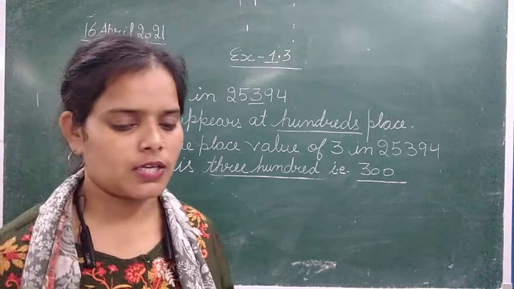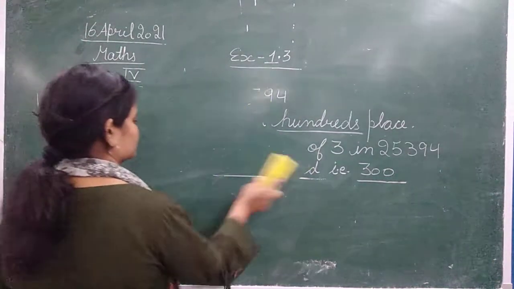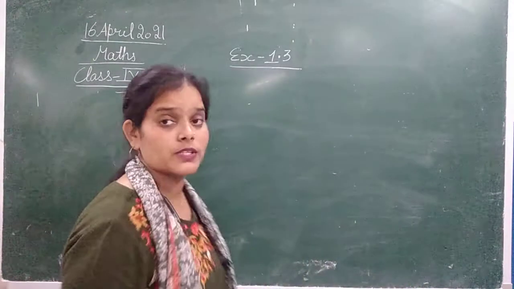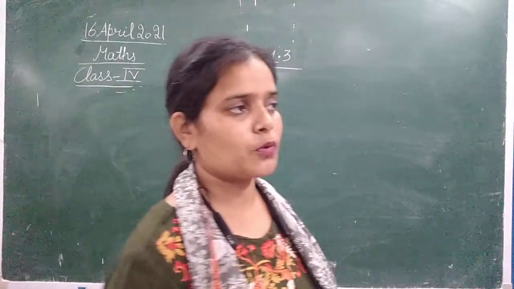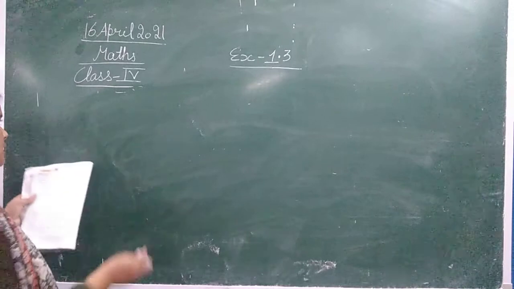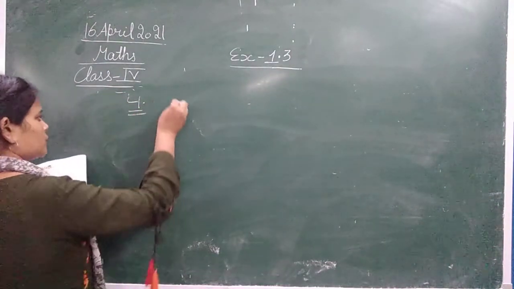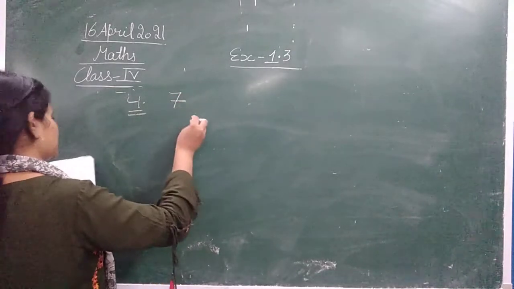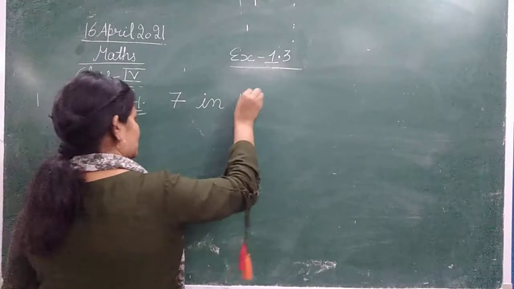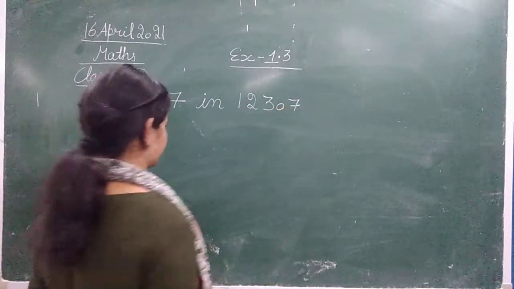Let's move to the next question, number 4. You can note down the solutions by pausing the video. Moving next to question number 4, we need to find out the place value of 7 in 12,307.